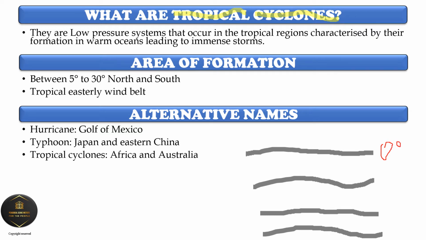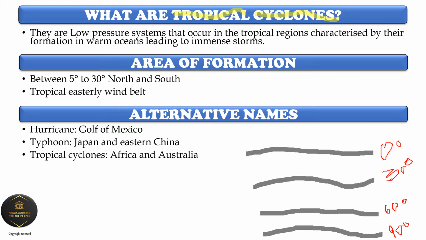My writing is skewed as always because of the mouse. And then we have the 30-degree line, which is the subtropical high pressure belt. We have the subpolar low pressure belt. And we have the pole at 90 degrees. Now remember, we said 90 degrees the angle, not 90 degrees Celsius.